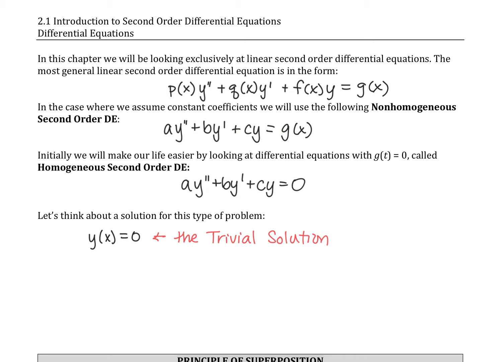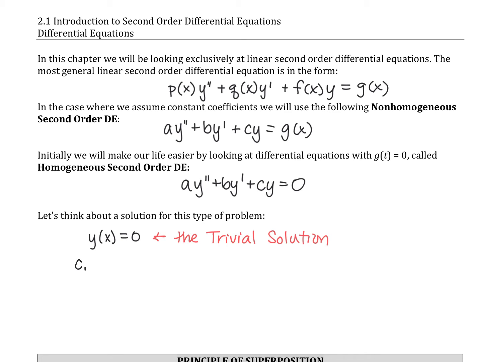Okay, so we know the trivial solution, but let's think about this. Can I multiply that trivial solution by a constant and have it be the same thing? Okay, so if I change this and I said, okay, let's consider this to be a solution, y of x, what if instead I multiply it by some constant c1?